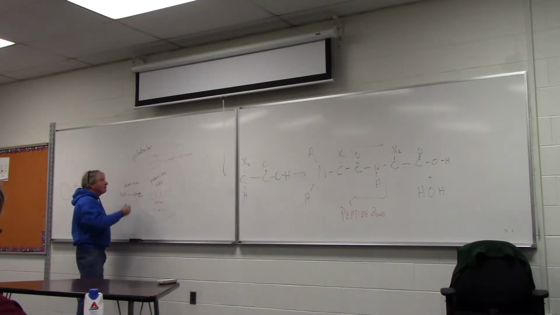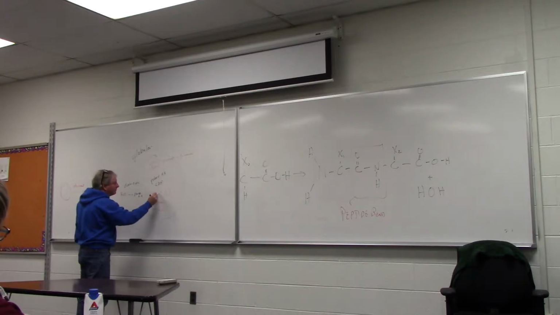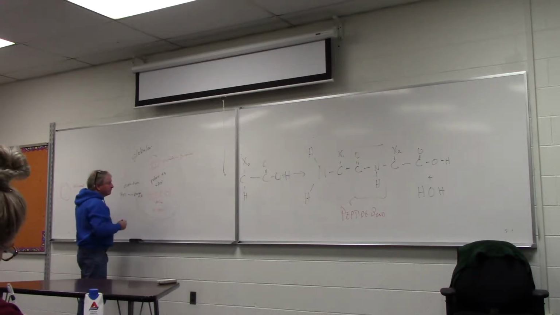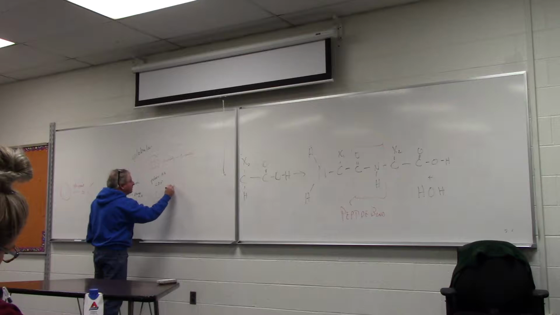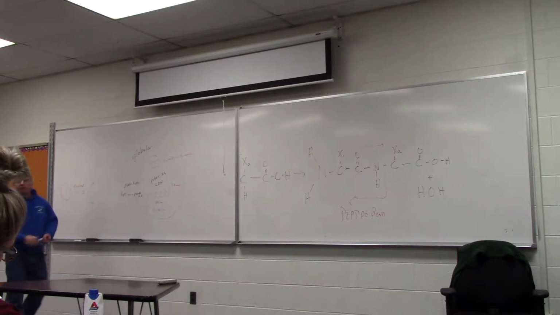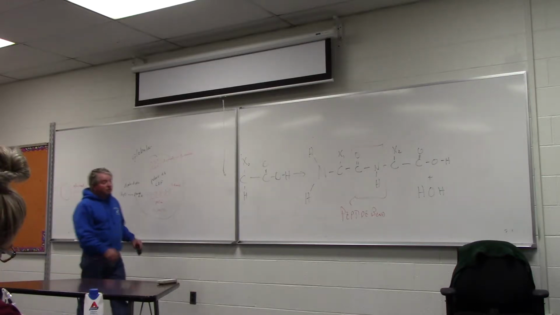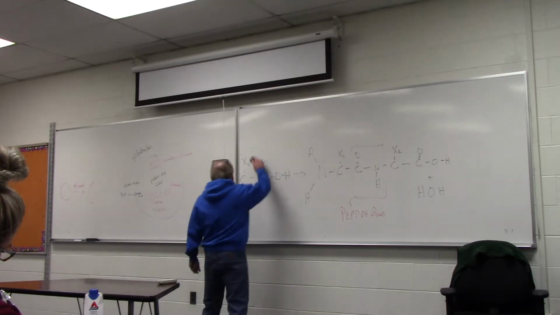These guys are held together by hydrogen bonds, which we want to talk about. Make sure you know what those are. So the protein is pretty solid now. Proteins are very stable because of all these interactions, and they won't fall apart all that easily. They do fall apart, but not all that easily.